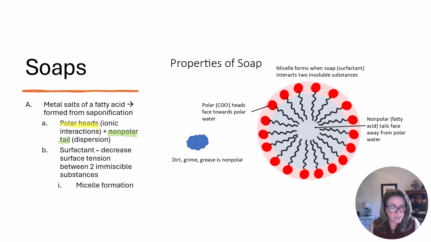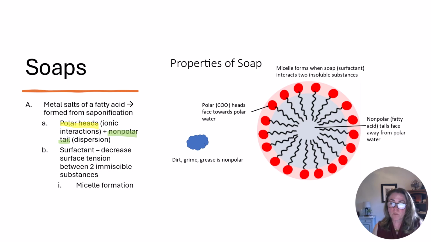So what happens here is that soap, or that fatty acid salt, is going to form what we call a micelle. Think about it like if it's three-dimensional, right? So it's sort of like a tennis ball or a beach ball or something. It's round.